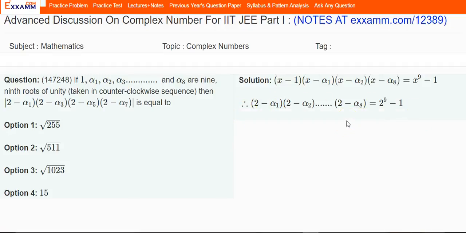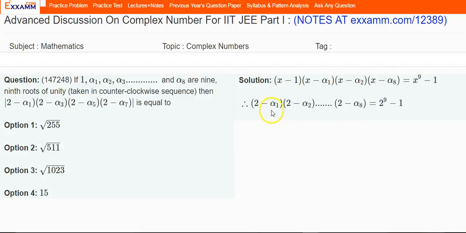Now we know that 2 minus alpha 2 would be equal to 2 minus alpha 7, and 2 minus alpha 1 and 2 minus alpha 8 would be equal to each other. So if we eliminate the even terms, because 2 minus alpha 2 will be replaced with 2 minus alpha 7, since in this expression 2 minus alpha 2, 4, 6 and 8 are not here, alpha 8 we will also change accordingly.